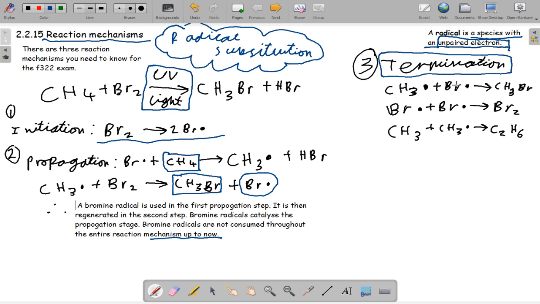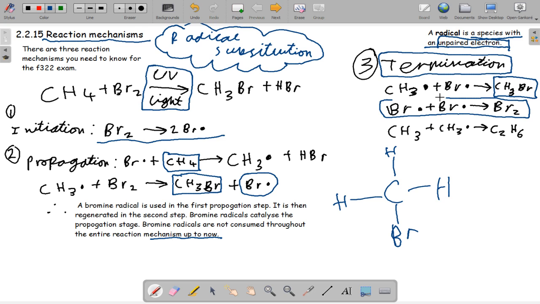So when a radical reacts with another radical, it becomes a normal molecule. So that becomes CH3Br, and this bromine radical. So when two radicals of the same species react together, they become a bromine molecule, and when these two react together, they become C2H6.